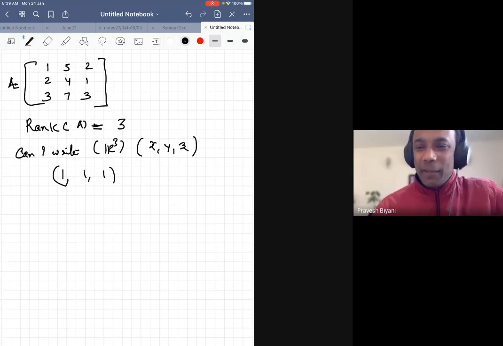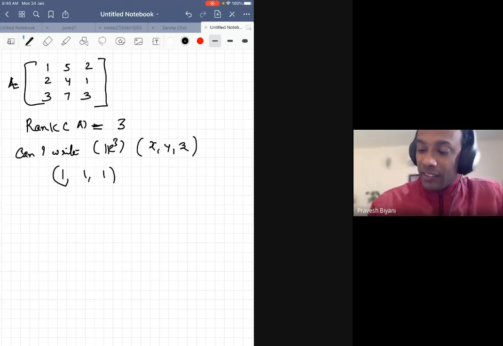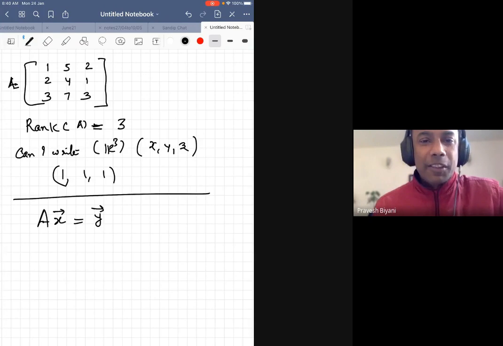Anybody else? Orko: These are three independent vectors, so there will exist some combination that will result in a three-dimensional point. Yeah, actually, the answer is the following: when I do A into X, I get Y. Y is a vector of dimension 3.